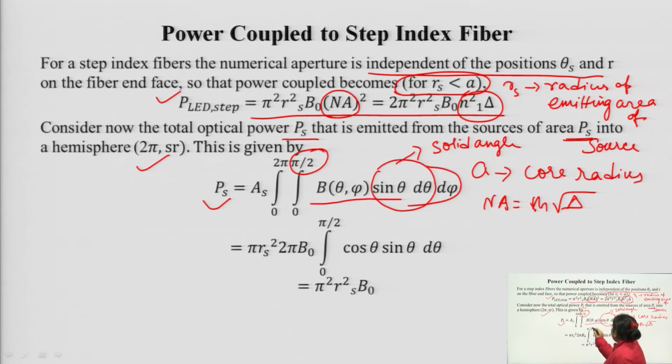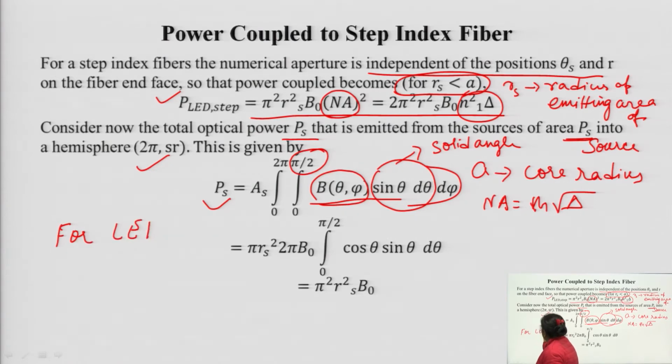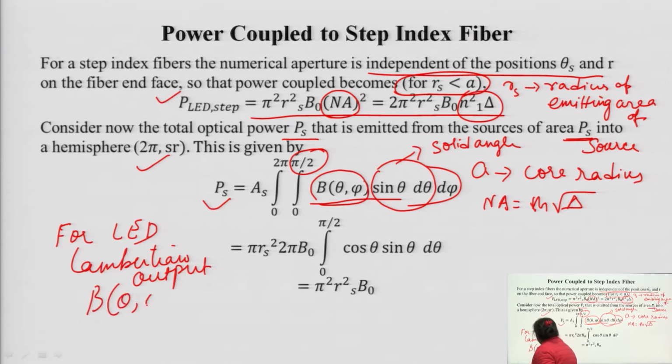And as we know, for an LED having Lambertian output, B theta phi should be equal to B naught cos theta.